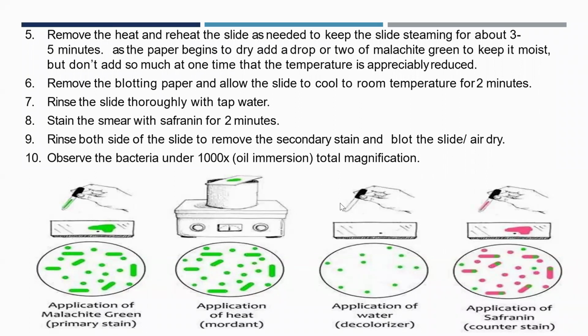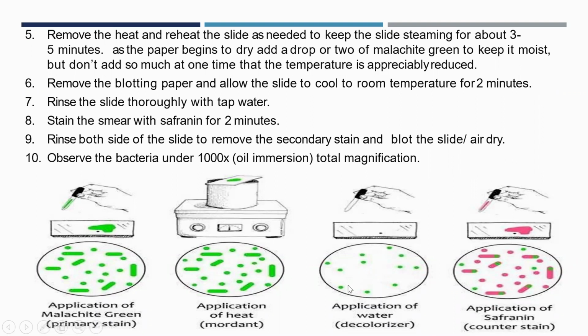After 3 to 5 minutes, take the slide and wash it under a gentle flow of tap water. In the first step, while applying the primary stain malachite green, all the spores as well as the vegetative cells get stained green in color.